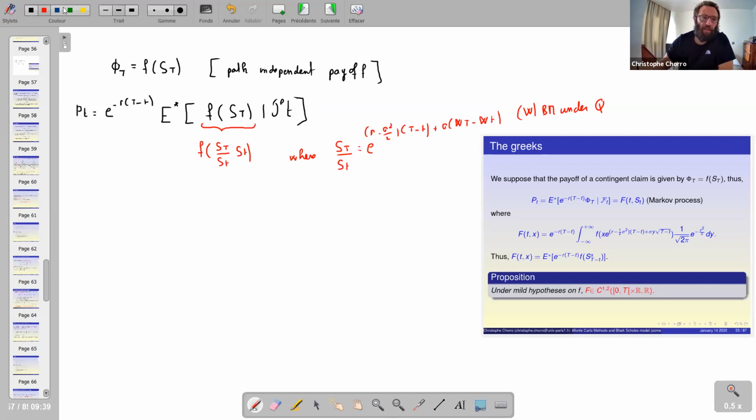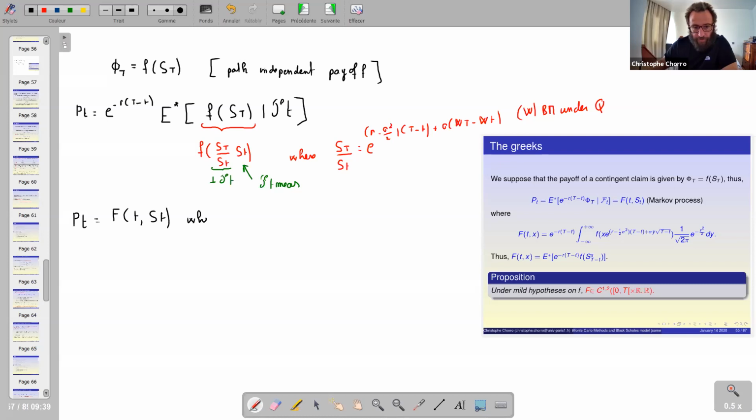So if I continue, here I have a part that is independent of F_t, and here I have a part that is F_t measurable.